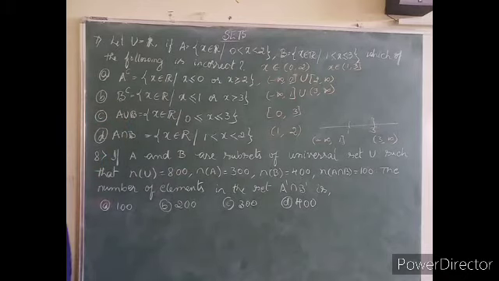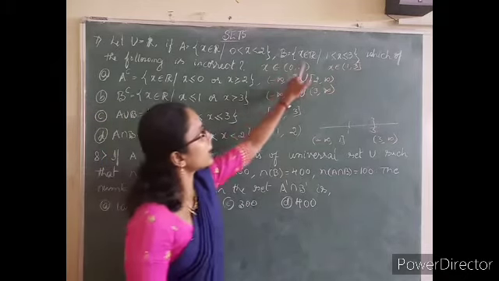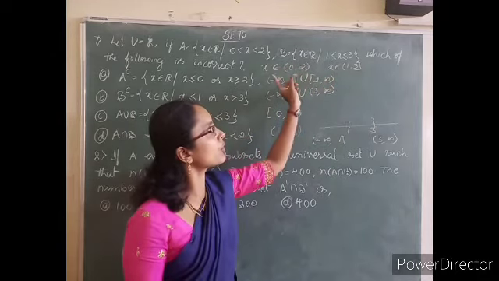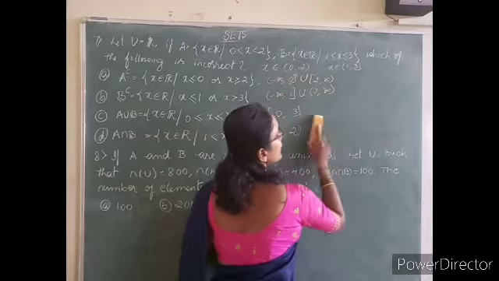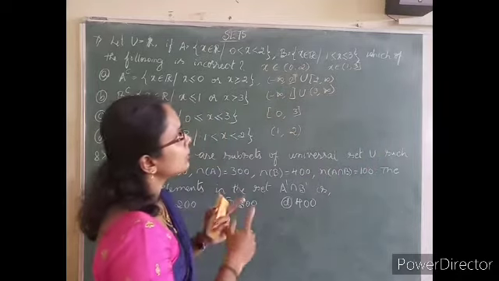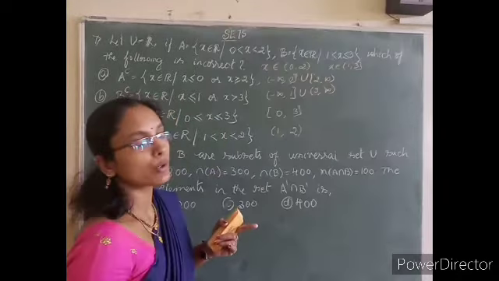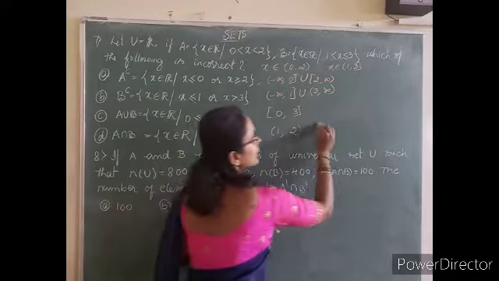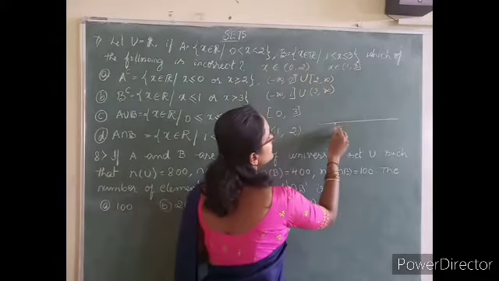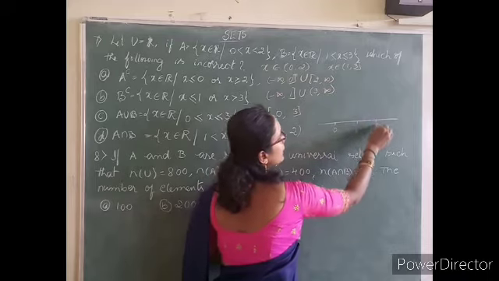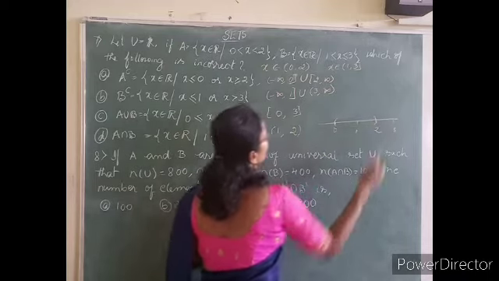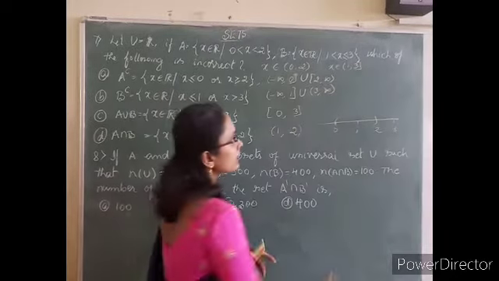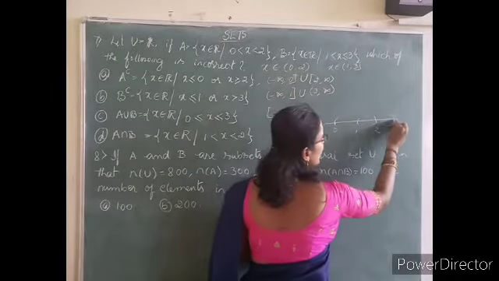Third one, A union B. A union B is the collection of the set A as well as the set B. So the union of the open interval 0 to 2 and 1 to 3. Here I will mark 0, 1, 2, 3. 0 to 2 is included, then 1 to 3 is included.